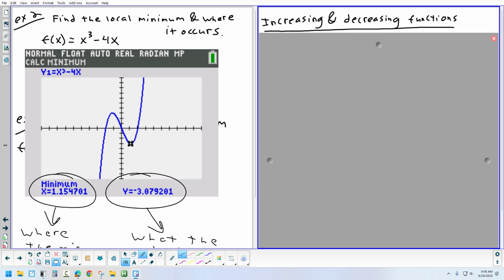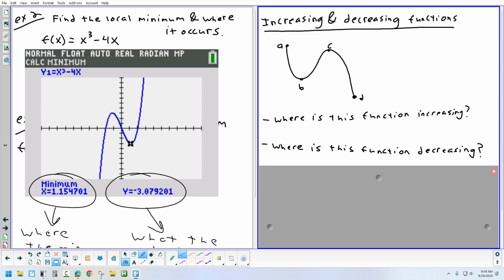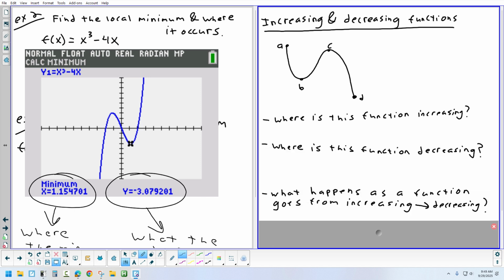Okay, so the last thing is increasing and decreasing functions. Can anybody tell me between what two letters that function is increasing? Yeah? B and C. Now, technically, we don't include the B and we don't include the C because at the B and at the C, it's flat. It's not going up or down. It has a slope of 0.